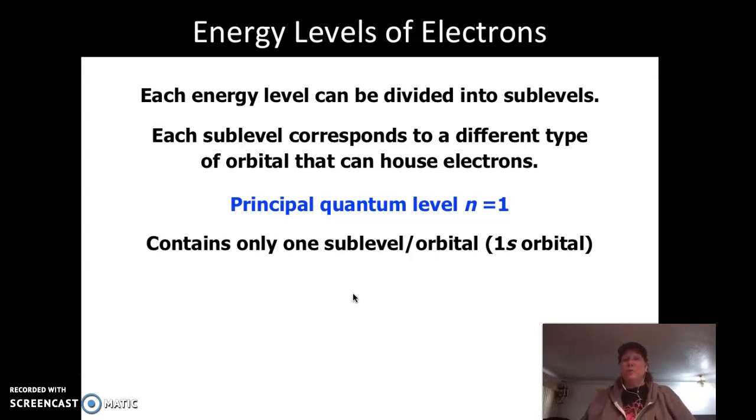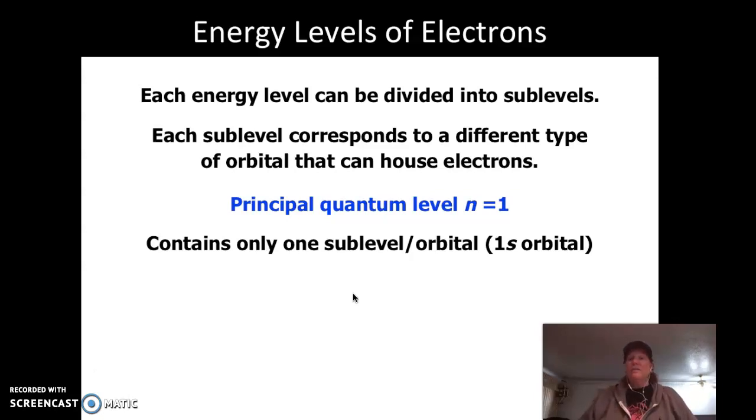So if you look at the first row on the periodic table, there are only 2 elements, hydrogen and helium. So there's only one orbital, a 1 because that's the first row, and S because that's the orbital. When you're doing the letters, they go in order.